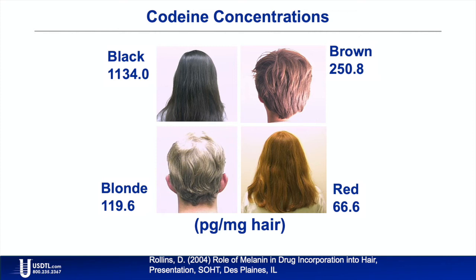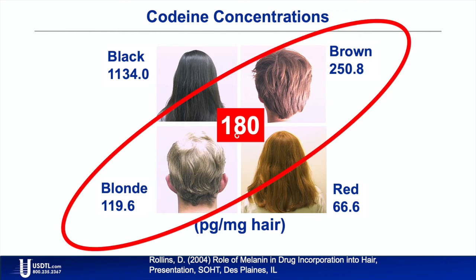When we look at the nail concentrations from the most recent study I showed you, 180. Now, what jumps out to me is that by using fingernail, we have now normalized all of your hair tests to somewhere between a blonde and a brown.